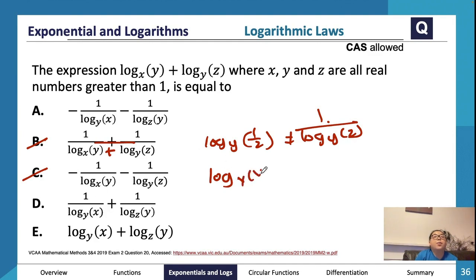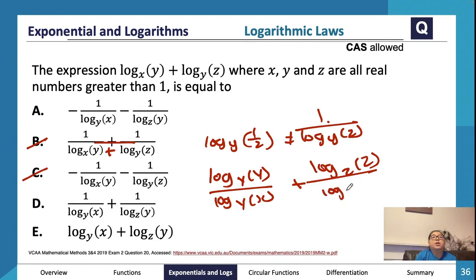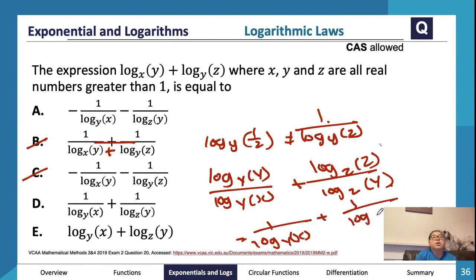So we have log y over log y x, and we could have used the second rule here, but if we didn't remember it, we can use this one, plus, then this one has z here and we need z there, so we can do log z over log z y. So log z over log zy, that's just going to give us 1 over log yx plus 1 over log zy. Cool. So we already know that this one is the correct option, but we can always check.